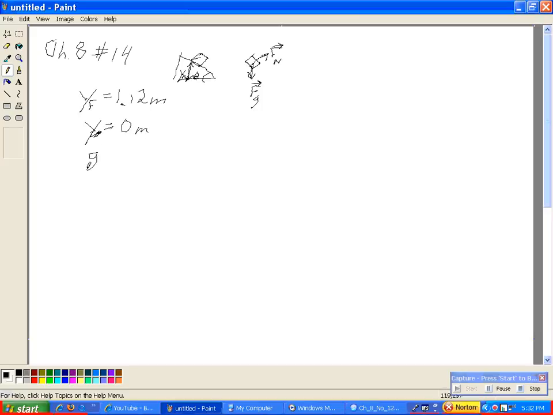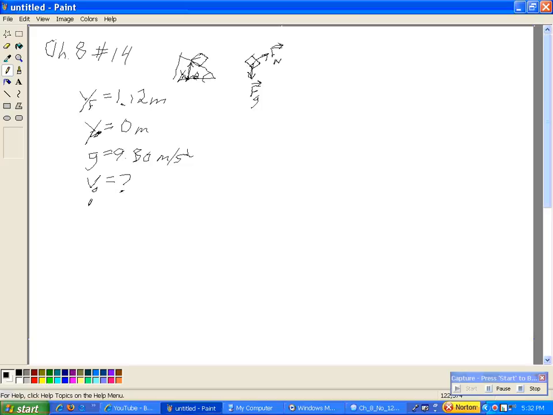Gravity is 9.8 meters per second squared. And the initial velocity is actually what they want us to find.